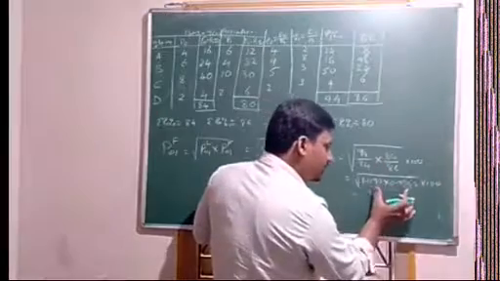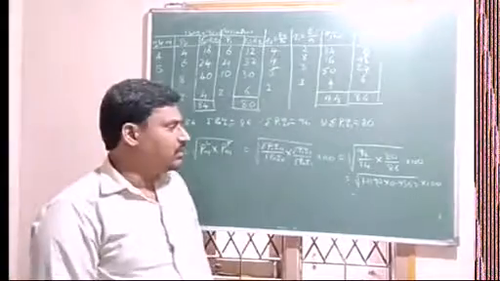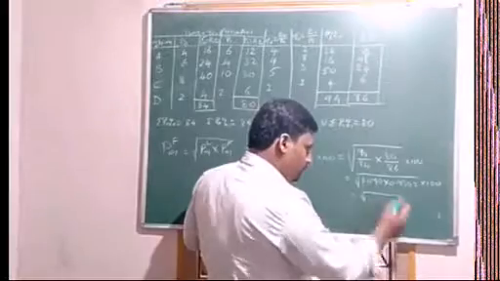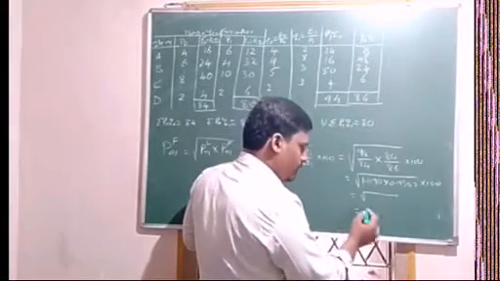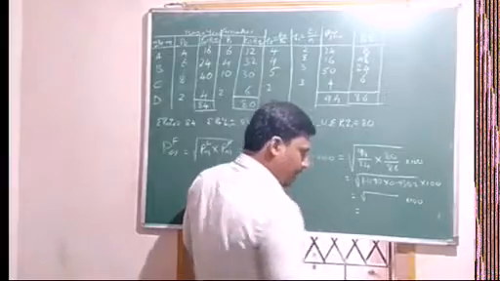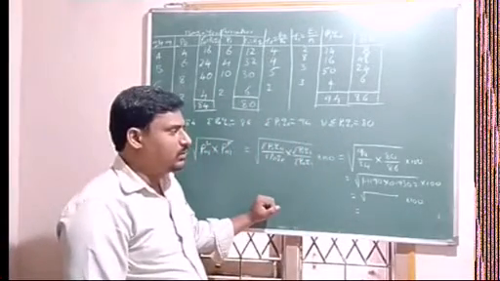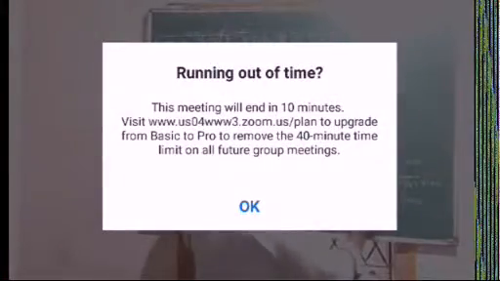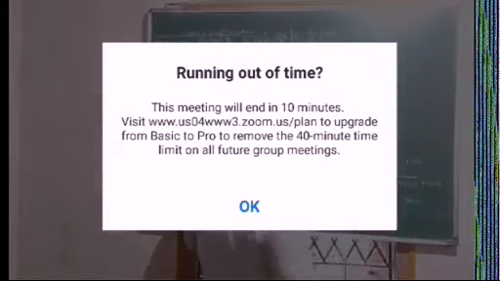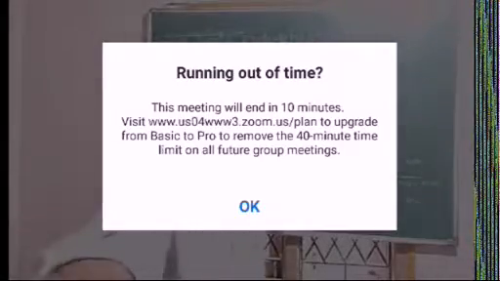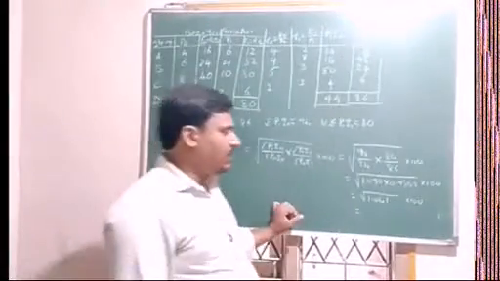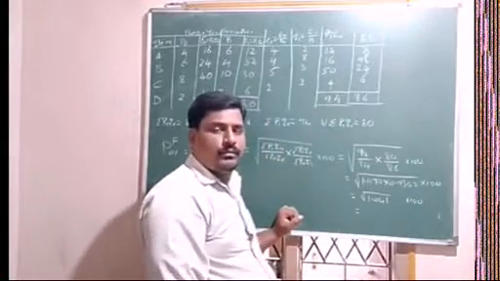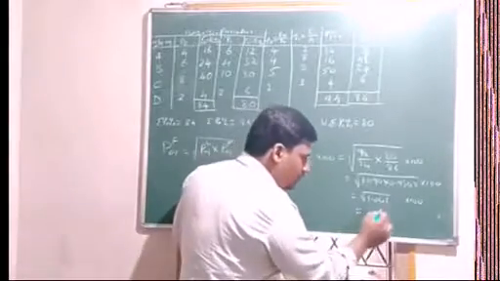Now multiply these two. 1.119 into 0.9302. 1.041. Okay, find the root and multiply it by 100. Root of 1.041 into 100. 102.03.